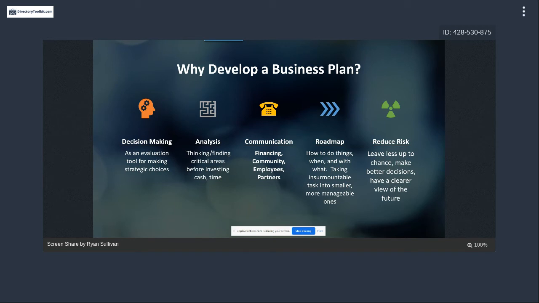And finally, the business plan reduces risk overall. Everybody knows that entrepreneurship is a risky business, right? It's hard. And we went over that last week on why building a directory is hard. There's a lot of stuff, but that risk can become significantly more manageable once you test it against a well-crafted business plan. It makes the decisions easier, right?